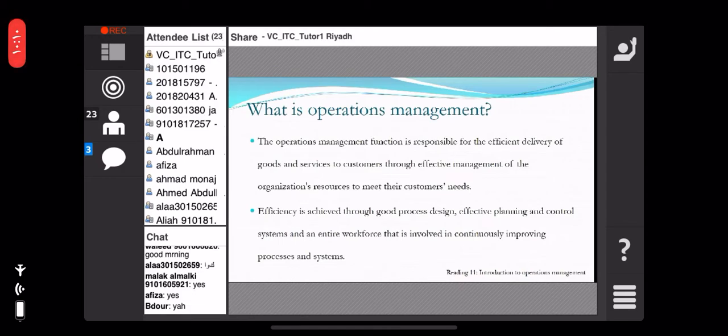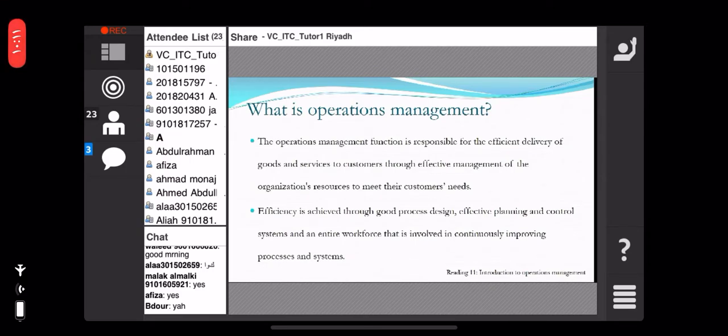Further, efficiency is achieved through good process design, effective planning and control systems, and an entire workforce that is involved in continuously improving process and system. Efficiency means employees' efficiency, in different qualities: you are efficient to do this, I am efficient to do that.